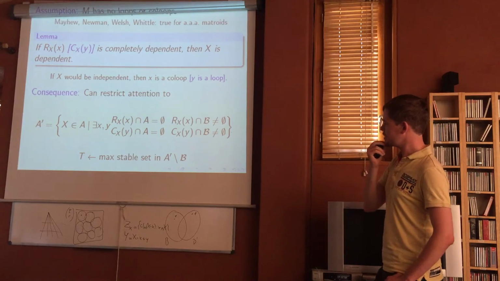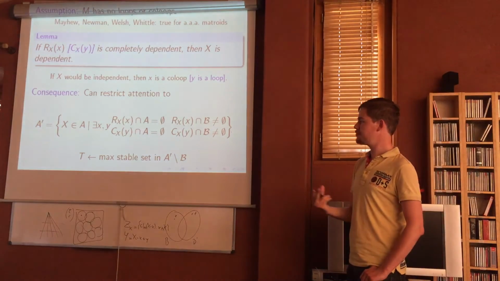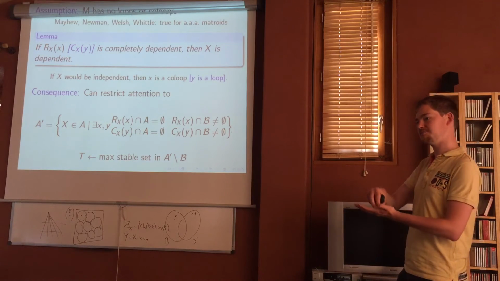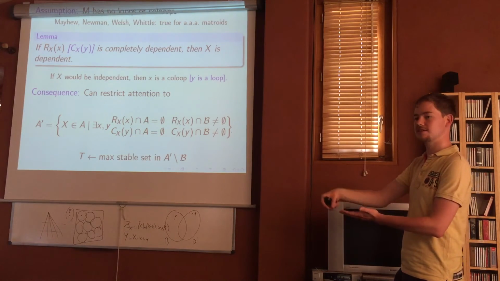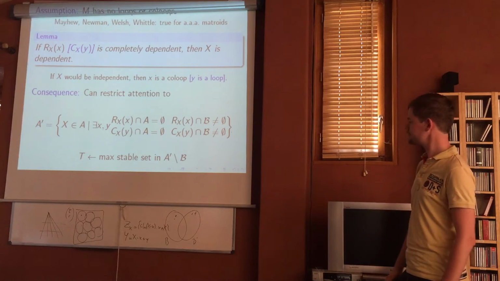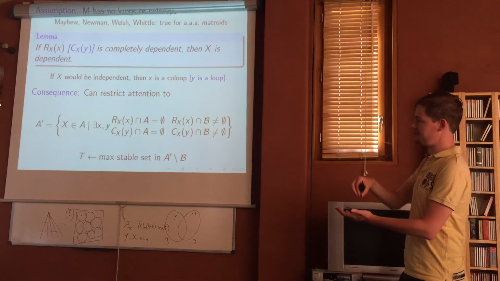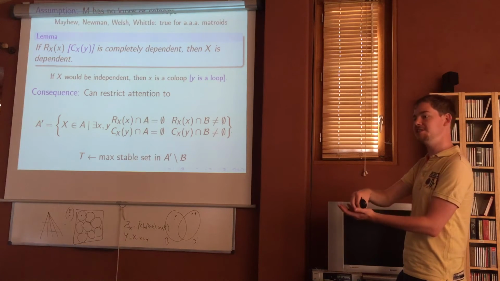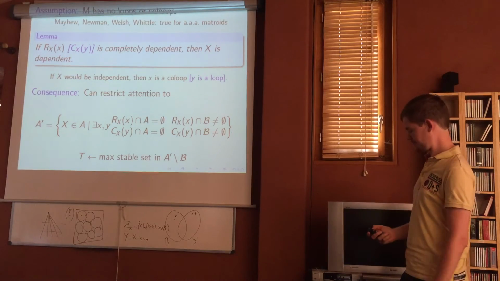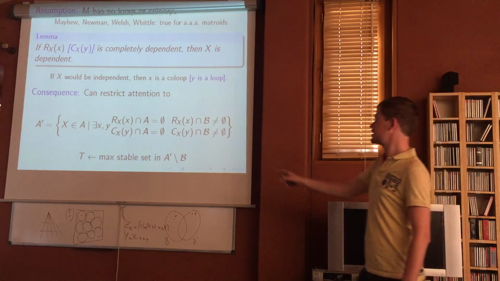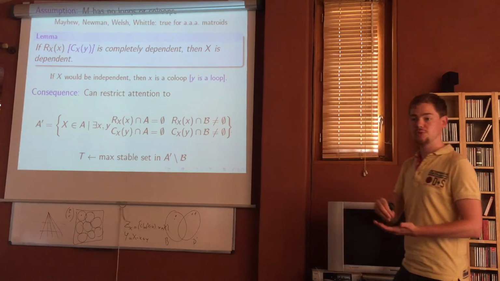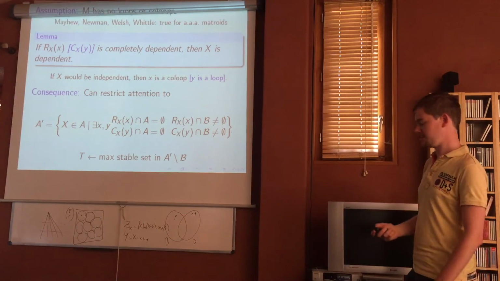So in this restricted set A prime, we choose a maximal stable set T. A maximal stable set means you cannot extend it to a larger stable set. In particular, that means that every element in A prime is either in T or has a neighbor in T. And as T is chosen so as not to contain bases, we know that all elements in T are non-bases.